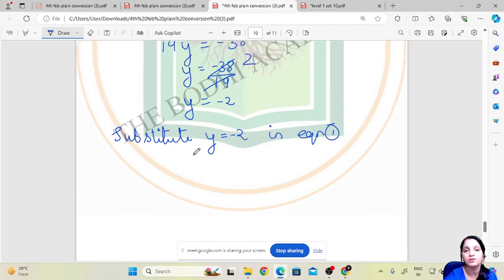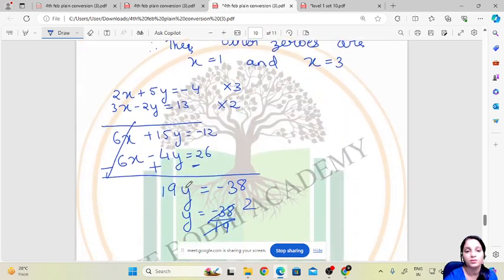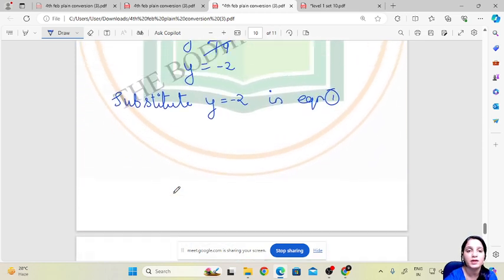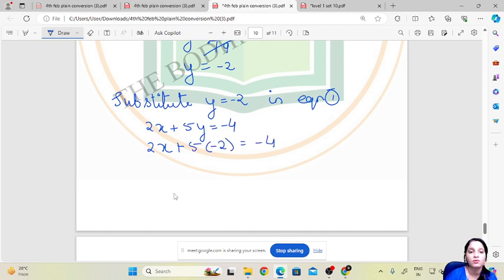Which is your equation 1? See, this is your equation 1, this is your equation 2. 2x plus 5y equal to minus 4. 2x plus 5 into minus 2 is equal to minus 4. 2x minus 10 equal to minus 4. 2x will be equal to minus 4 plus 10. 2x is equal to plus 6.